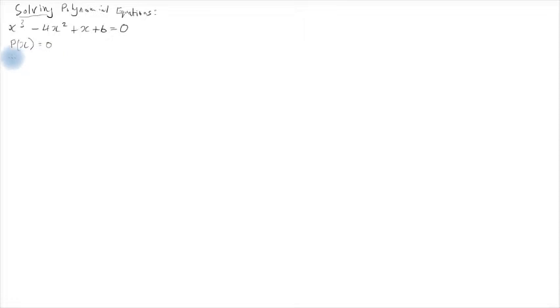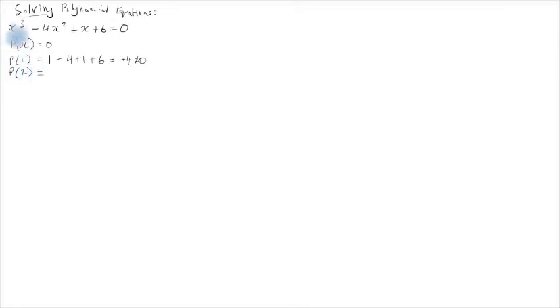So let's try putting in the value 1 here. So 1 cubed is 1, minus 4, plus 1, plus 6, gives us 6, 7, 8 minus 4, which gives us plus 4, which is not 0, so that's no good. Let's try another one. Let's try 2.